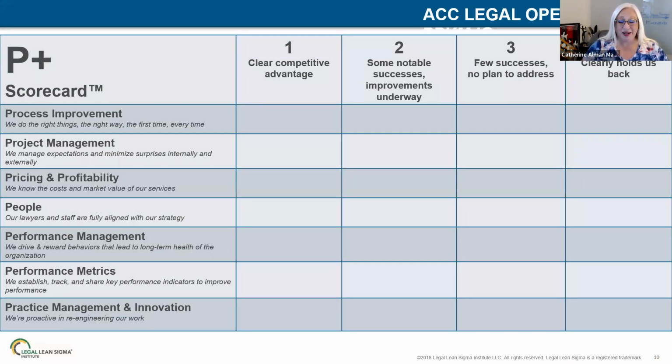One of the things we love to do is to ask different people in your department to take the scorecard, and we have some backup information about what we mean by each of these areas, and ask people, where do you think we fall using this scorecard in each of the categories?